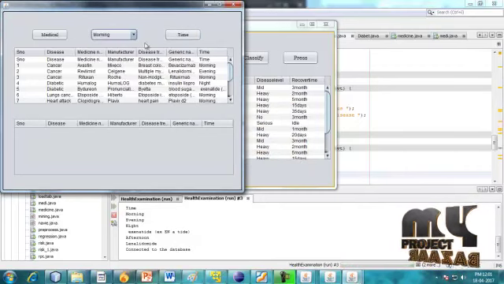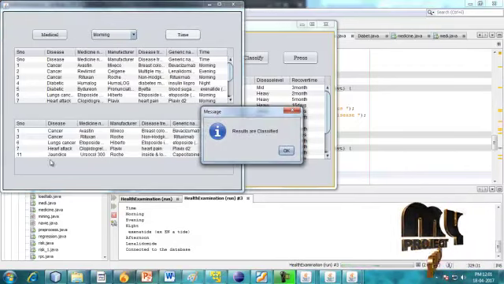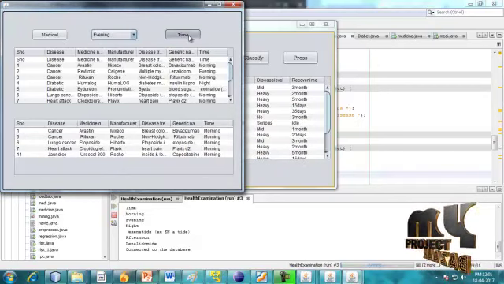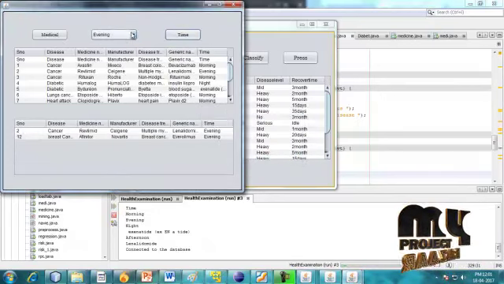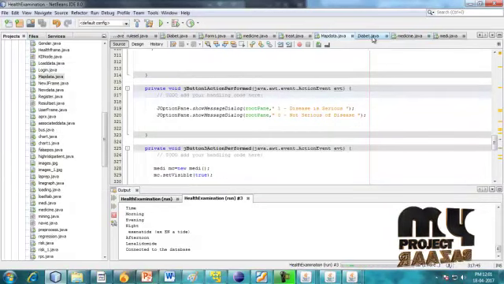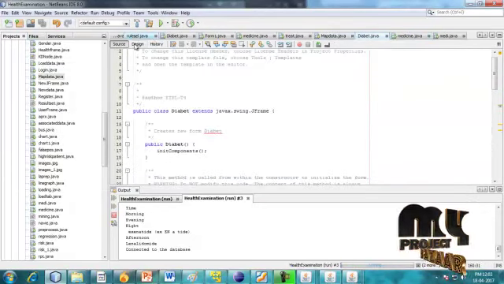So morning means, so these are some information to be specified. Click on the evening, so some particular information, so click on night, so some particular information.